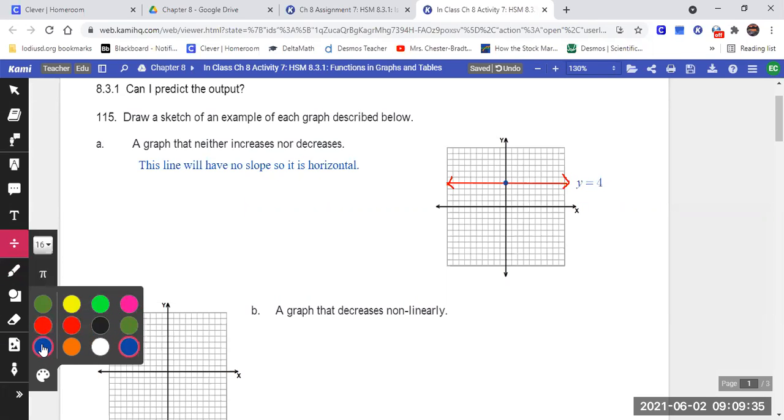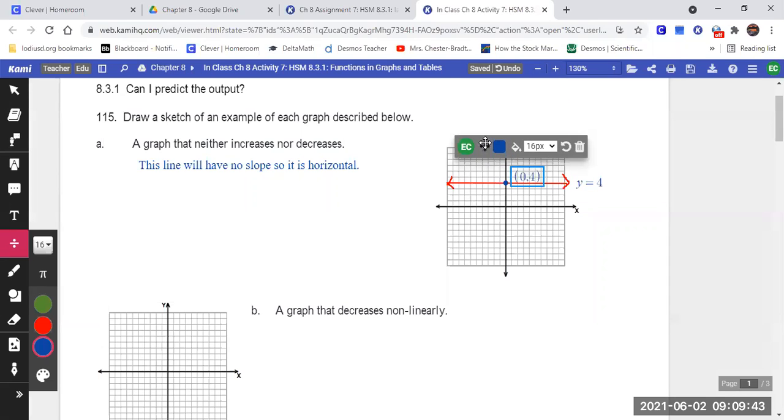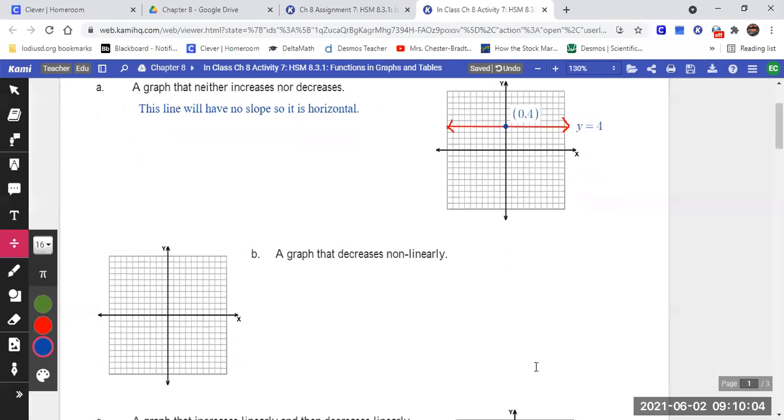And that start is at 0, comma, it happens to be 0, 4 for this one. But anytime we're talking about a line with no slope, the line is going to go y equals, because the slope was 0 and 0 times the x made the x go away from our format. But since they weren't specific, we could have drawn it anywhere as long as it was going horizontal.